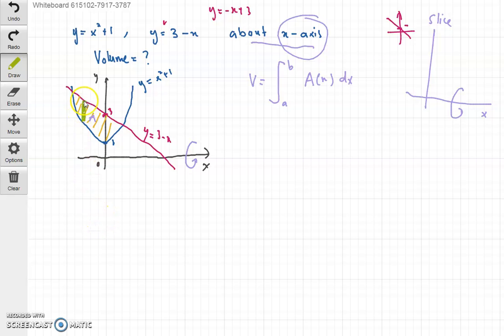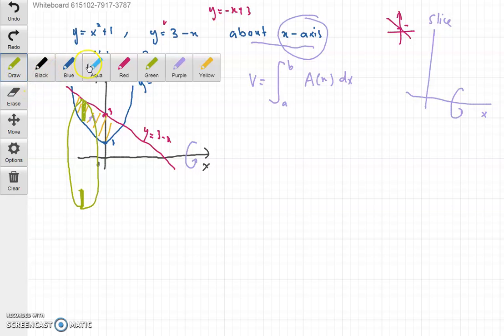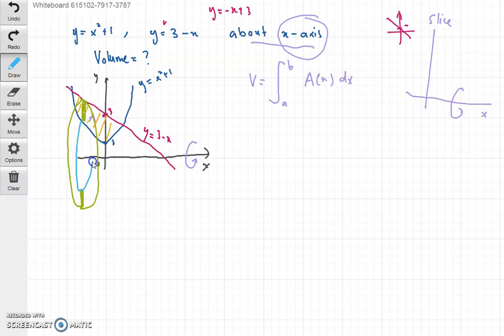Okay, so basically if we try to rotate it about the x-axis, you are going to have another object somewhere here for the slicing, which will create a big circle from the end of this part to the end of this part, and we are going to also have another circle from the end of this part.